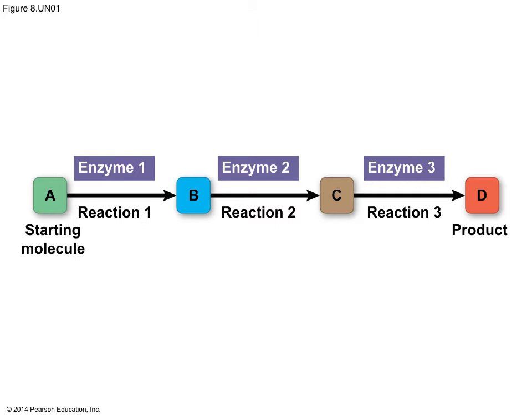And so now B can be considered a reactant for a second reaction where C would be the product through reaction number 2 and with a different enzyme. And finally, C can be considered an intermediate product and end up being the final product, D, through yet another enzyme.